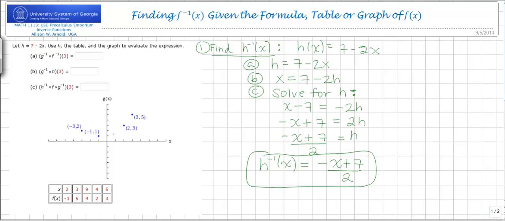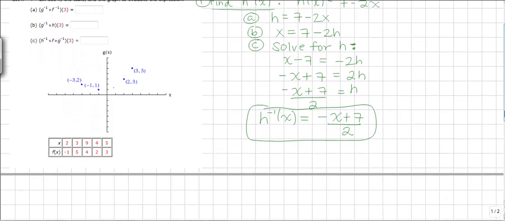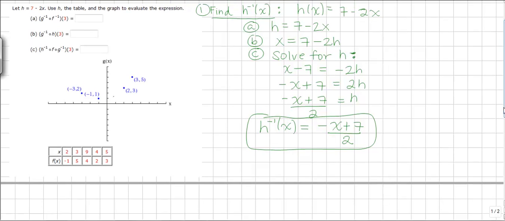All right, now next up, I have the graph of g. You may find it easier to take the graph of g and translate that into a table. You may find it easier to read.